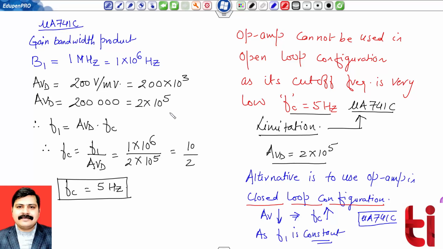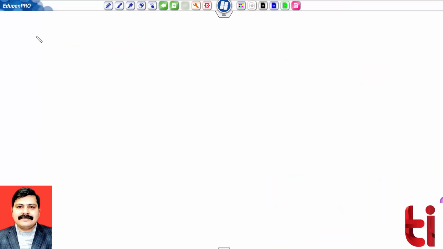But before that, let us discuss the typical values of some important characteristics of IC μA741C. Let us write a term: input offset voltage. We are talking in relation to this IC.